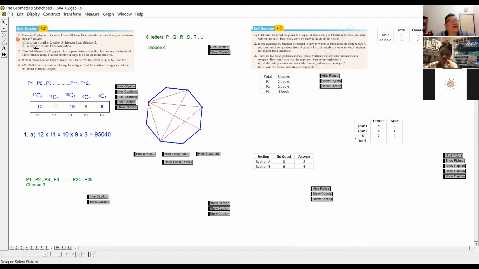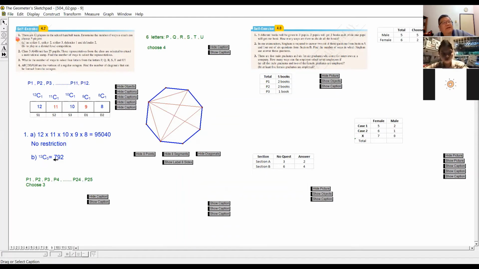Now question B says play in district level, no restriction. That means there's no condition on these players. Anyone can become striker. You can hold any position. There's no restriction at all. Now, if there's no restriction on the position played by the players, then of the 12 of them, I just choose 5.